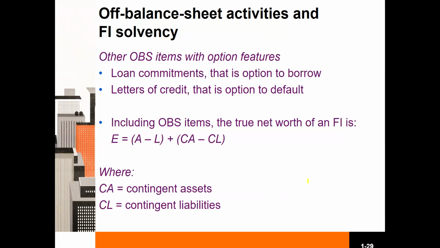So when we calculate the net worth or equity of a financial institution, we typically follow this formula: assets minus liabilities equals equity or net worth. However, due to financial institutions' high exposure to off-balance sheet activities nowadays, we should not calculate equity just by looking at the balance sheet components. We should also include the off-balance sheet items.